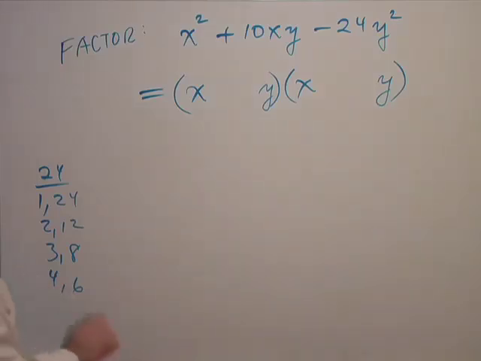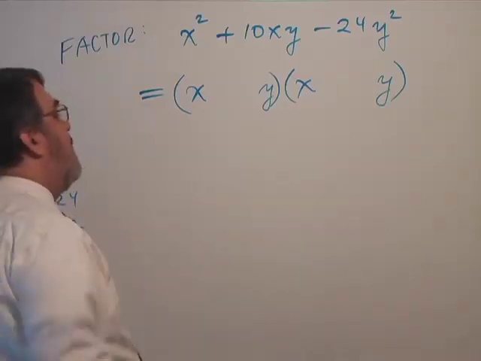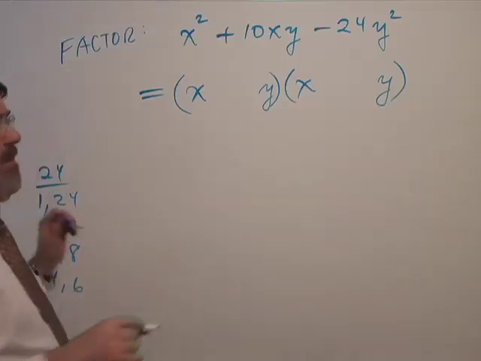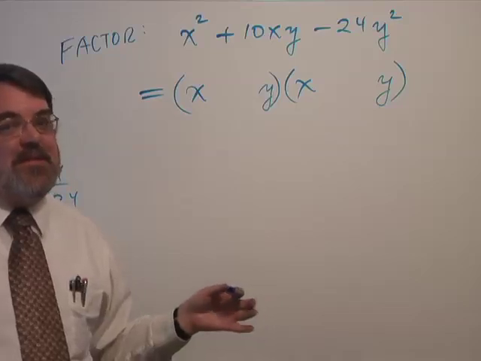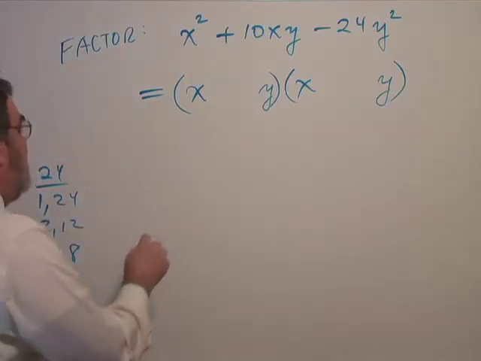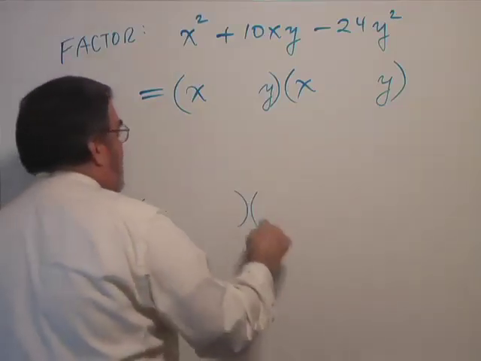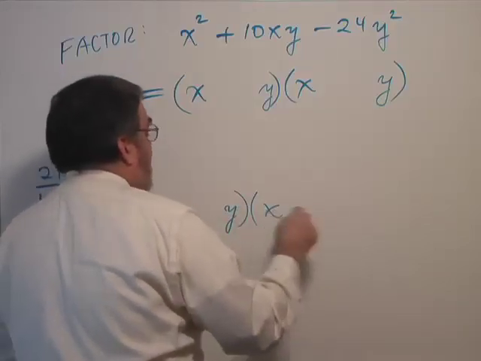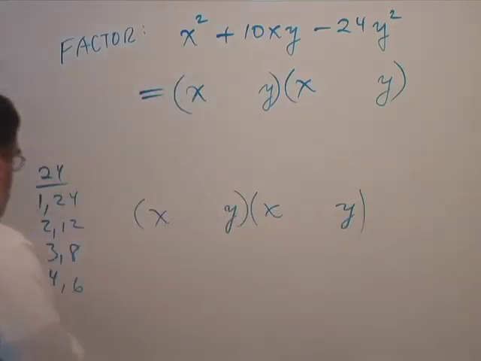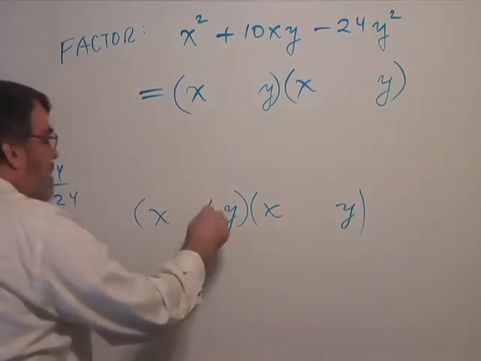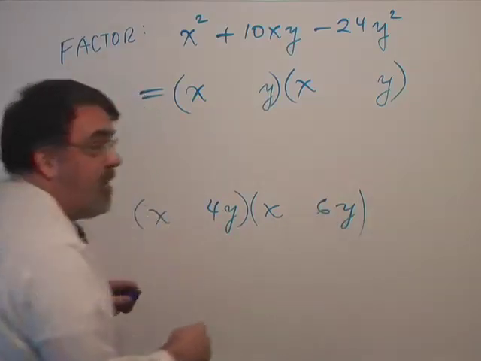All right. So if I try that, and I'm going to work it down below here, I'm giving it away, but it turns out this one's not going to work. But anyway, let's just pretend that we're naive about it, and we're going to try 4 times 6. So in other words, I have 4y and 6y.